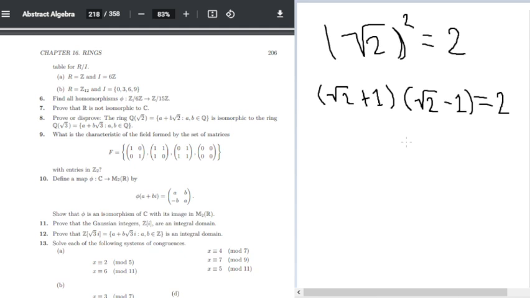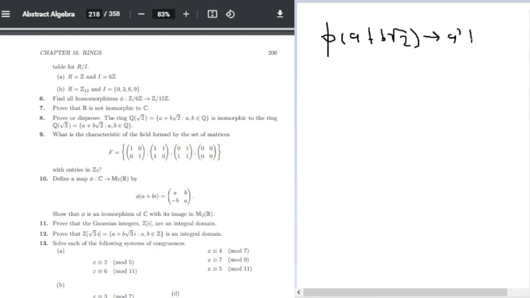Alright, how do I best express this? Yeah, that's the best way I can do it. So let's think about this. Let's suppose we have some isomorphism phi, where a plus b square root of 2 goes to a prime plus b prime square root of 3, where a prime and b prime should be functions of a and b in this case.